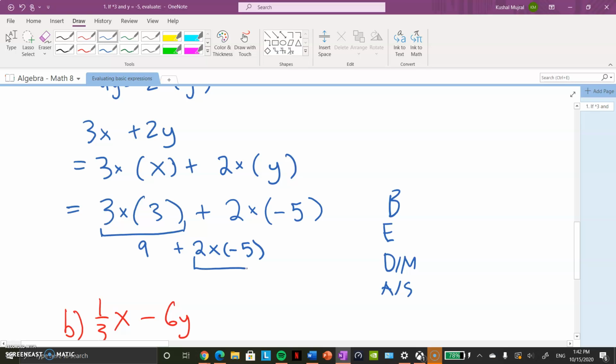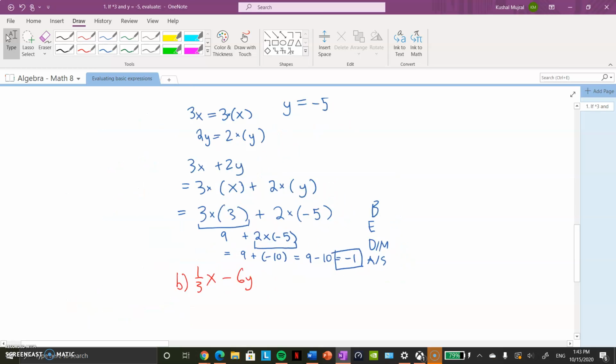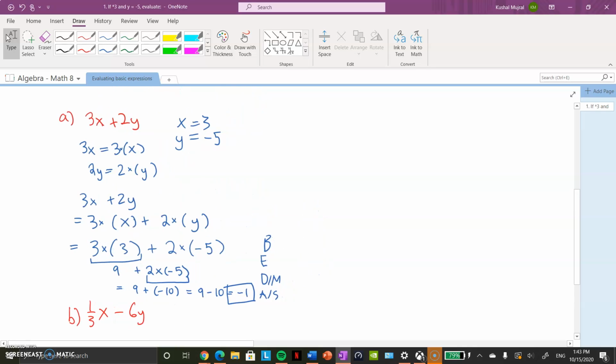Then we're going to solve this multiplication, which is 9 plus negative 10, because 2 times negative 5 is negative 10. And so 9 plus negative 10 is the same as 9 minus 10, which is negative 1. Okay? So we solved this question. 3x plus 2y is negative 1.